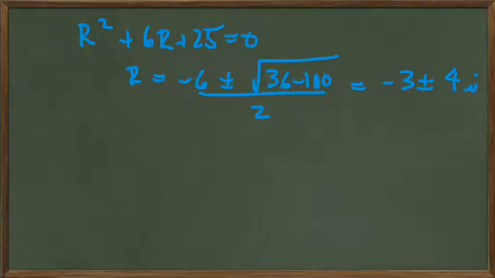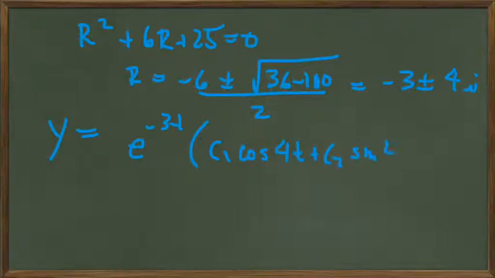So negative 6 plus or minus square root of 36 minus 100 over 2 gives us minus 3 plus or minus 4i. So y equals e to the minus 3t times c1 cosine 4t plus c2 sine of 4t.